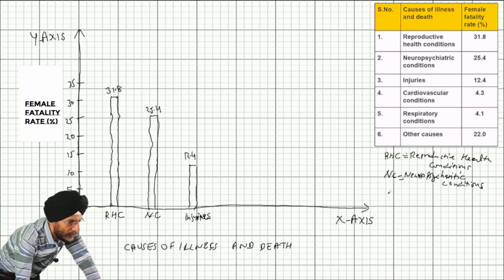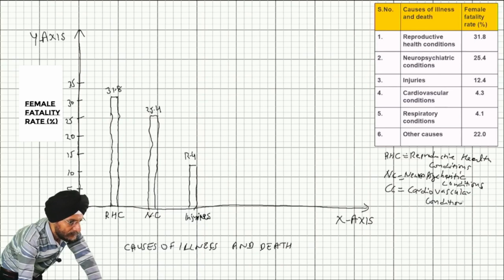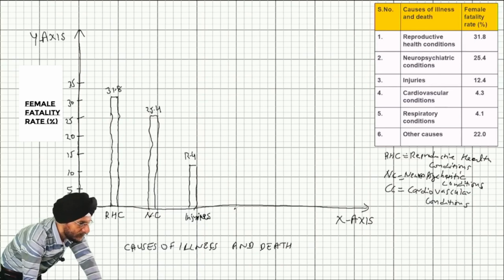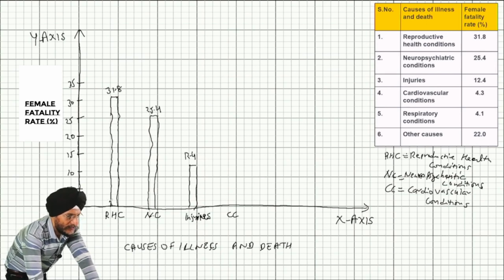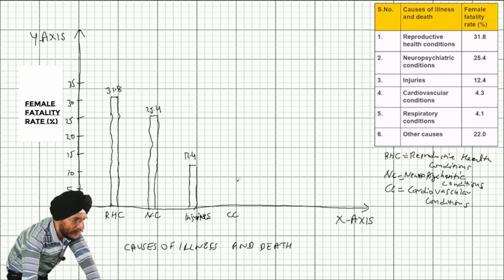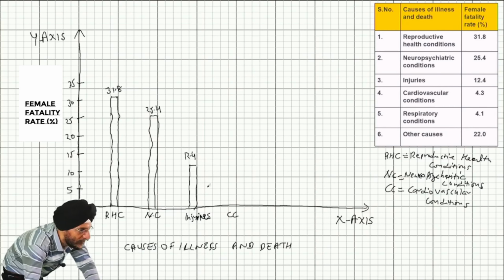Next is cardiovascular conditions. Please note that we are maintaining equal distance because in each case we are drawing the bar graph which is adjoining the line, this black line. So here cardiovascular is 4.3.